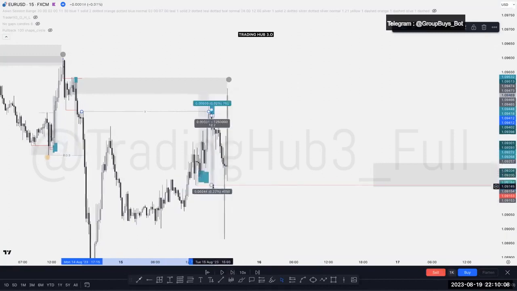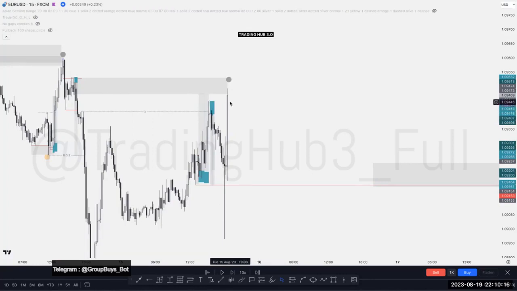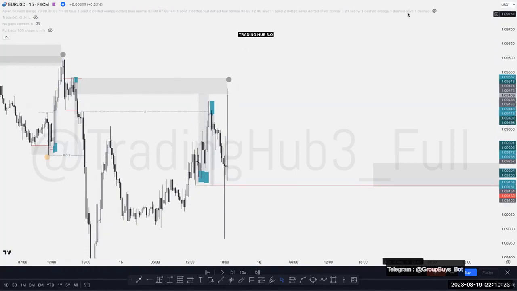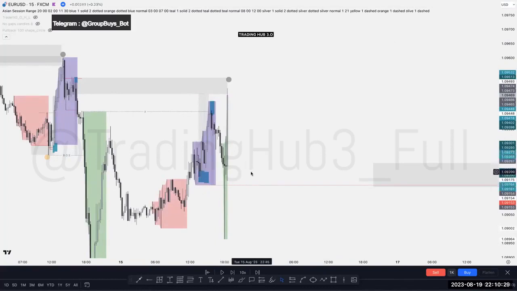And the market hit our target point here. And these two are possible entries here, buy to sell. So you can use the previous entry. I think I took the previous session low as a target.